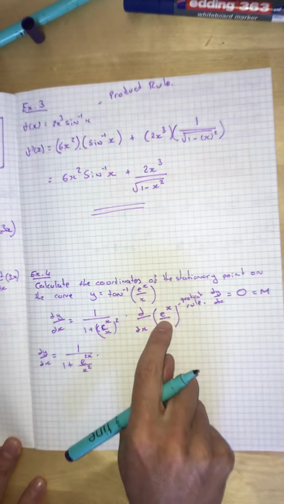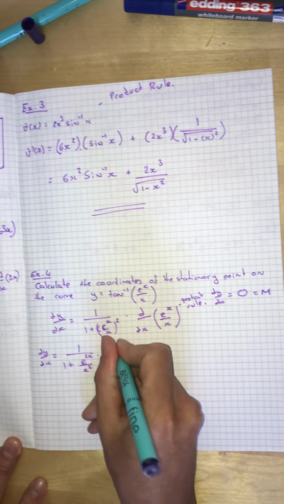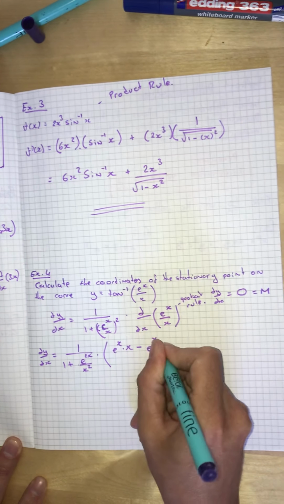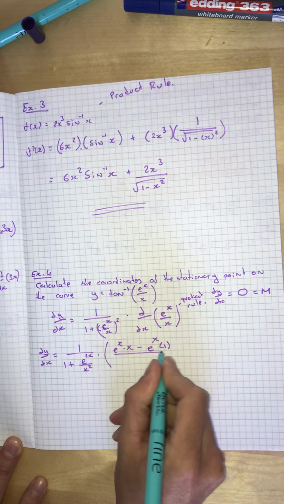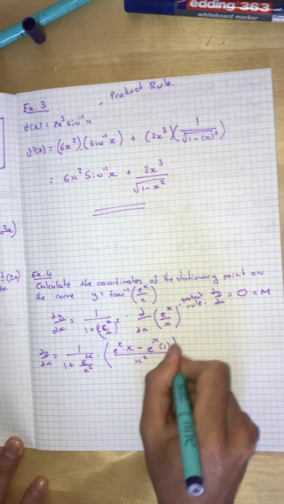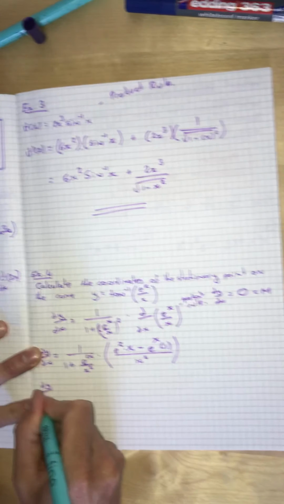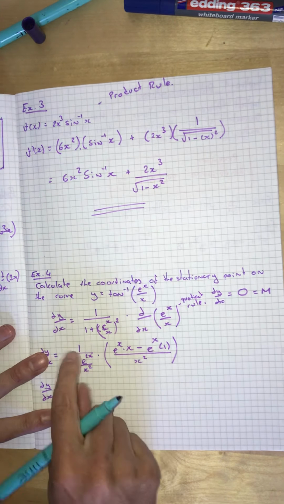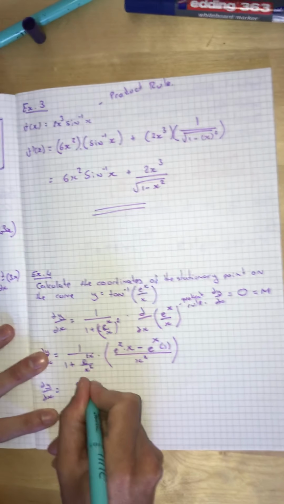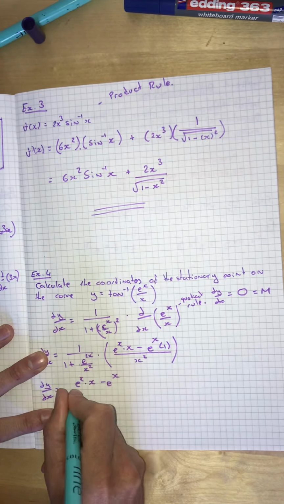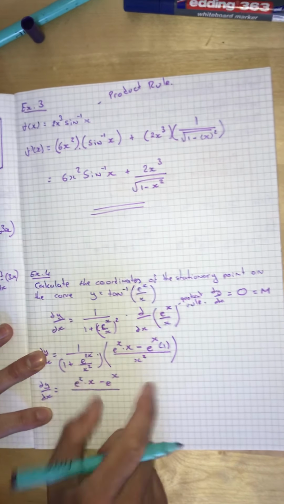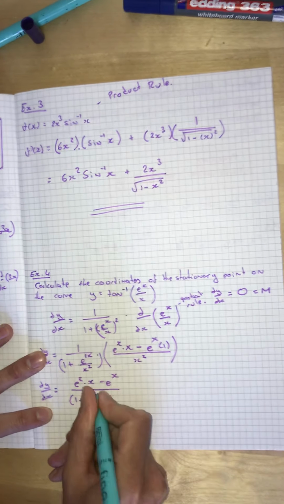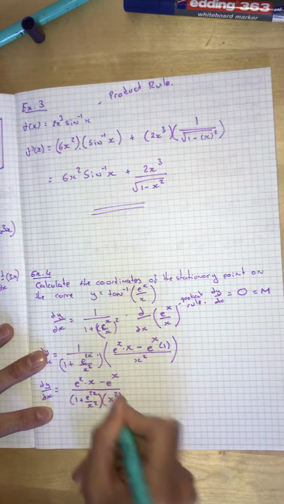So quotient rule: differentiate the first, leave the second, subtract, leave the first, differentiate the second, all over x squared. So we're going to end up with e to the x times x minus e to the x all over 1 plus e to the 2x over x squared, times x squared.